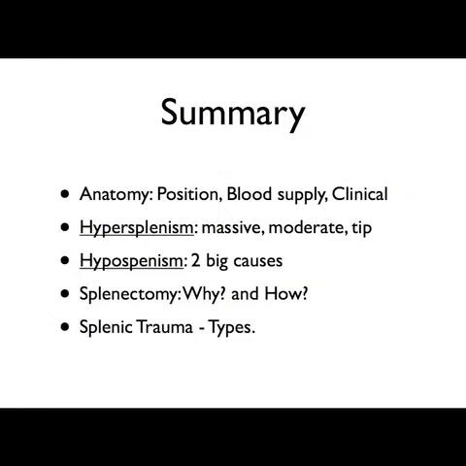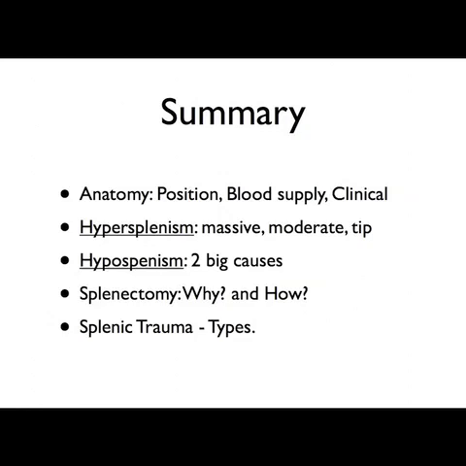Hyposplenism, as we said, divided up into massive, moderate, or tip. Remember that myeloproliferative and lymphoproliferative can cause all three. Hyposplenism, we talked about the two big causes, i.e. iatrogenic and autosplenectomy, secondary to either hemolytic states or inflammation.